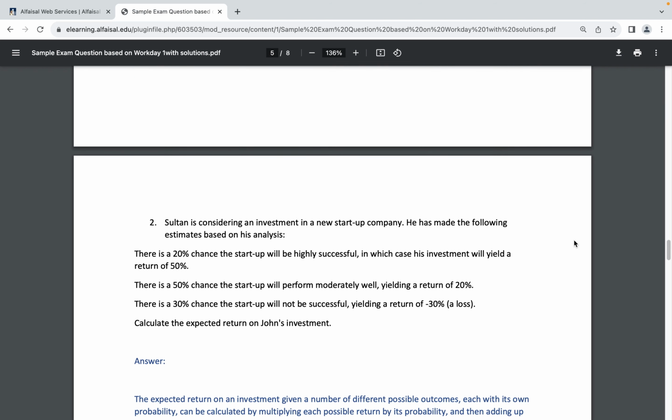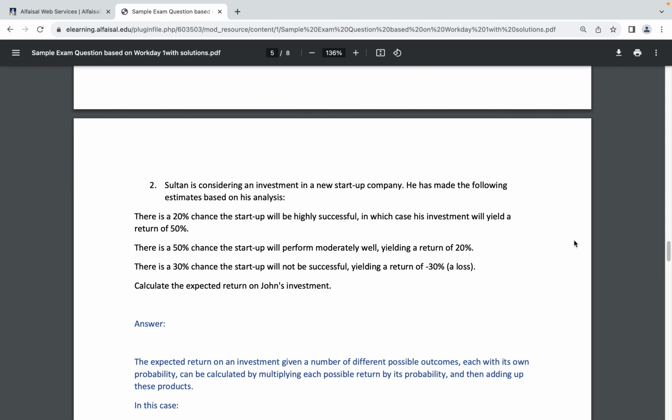So let's have a look at the question. Sultan is considering an investment in a new startup company. He has made the following estimates based on his analysis. There is a 20% chance the startup will be very successful, in which case he will get a 50% return. There's a 50% chance the startup will perform moderately well, and he'll get a 20% return.